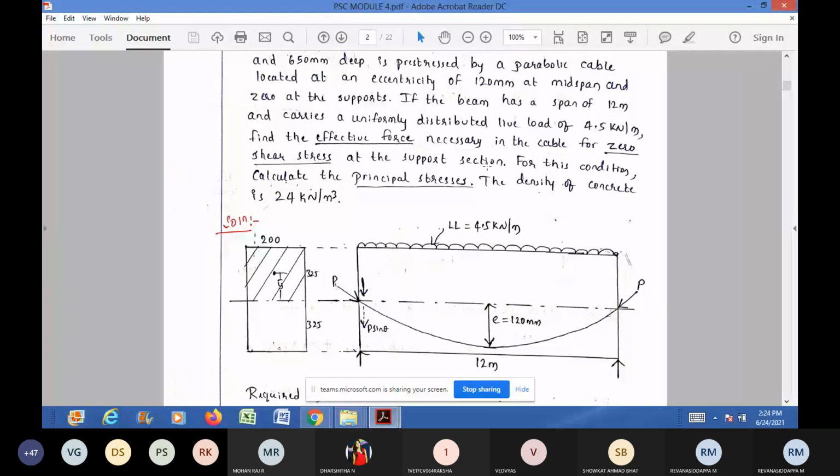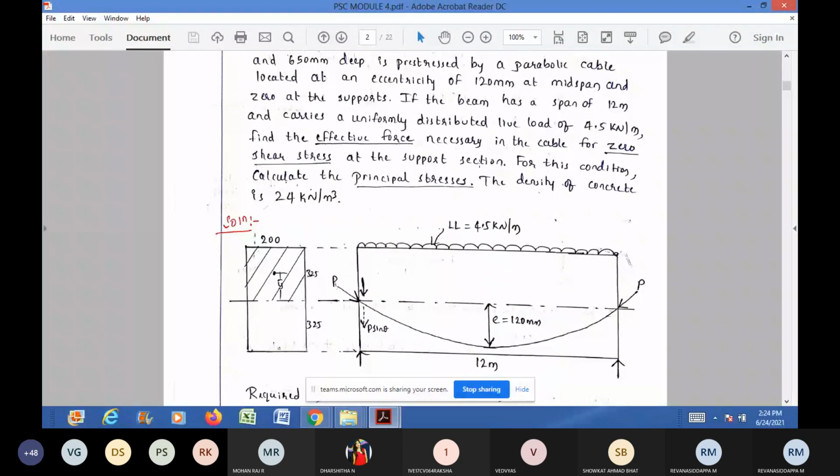We need to identify a suitable magnitude of pre-stressing force P so as to produce zero shear stress at the support, meaning that tau V is equal to 0. We need to utilize this condition.